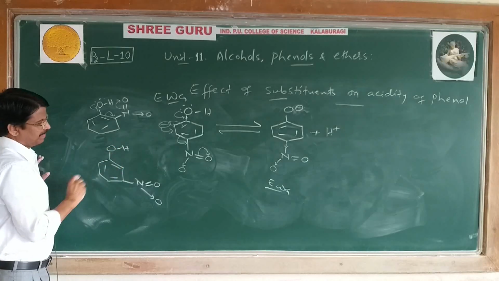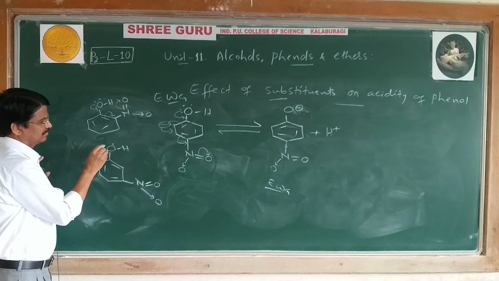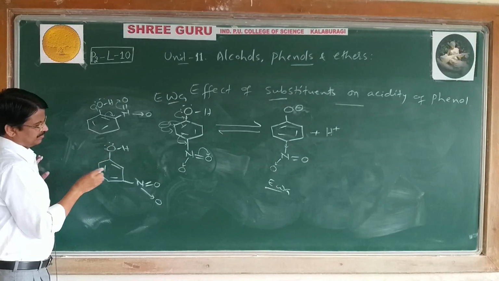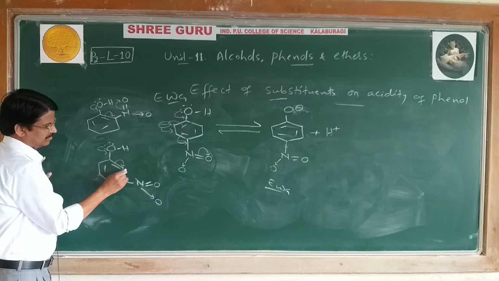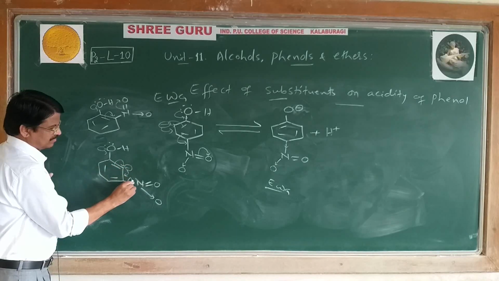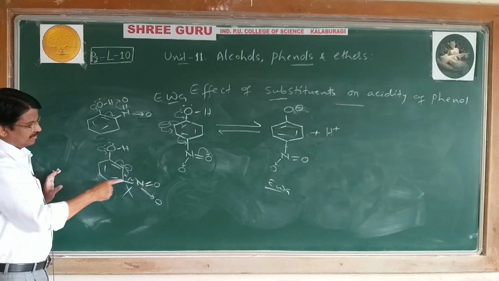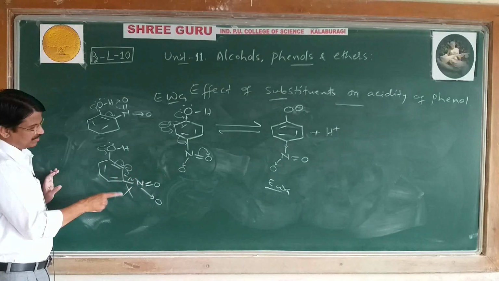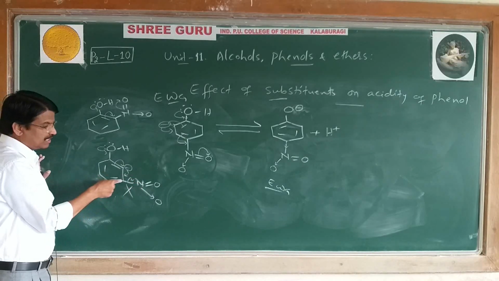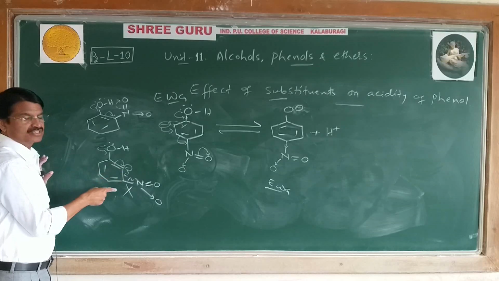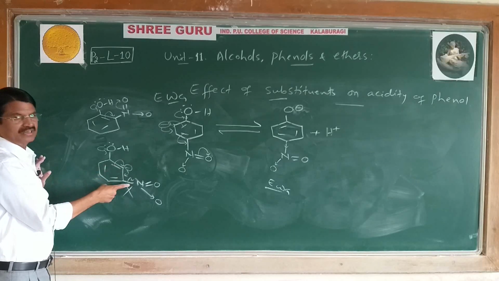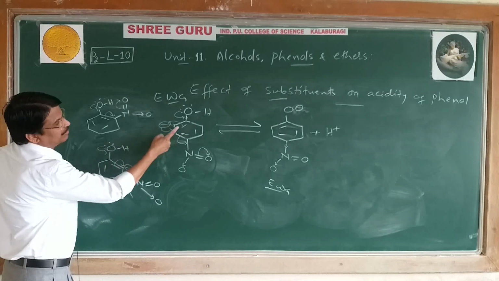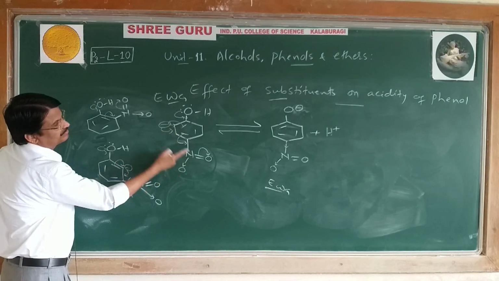Here there is no double bond, we cannot write the movement of the bond. This means the NO2 group is not linked with the conjugated system. Double, single, single. But here double, single, double, single, double.